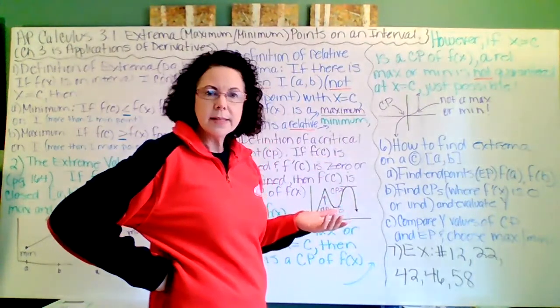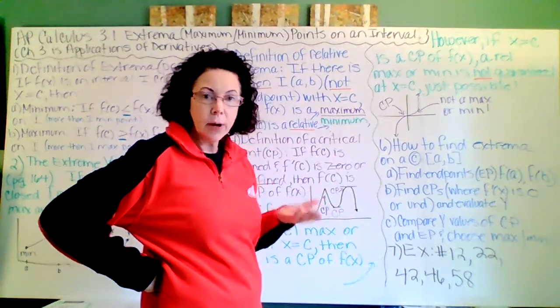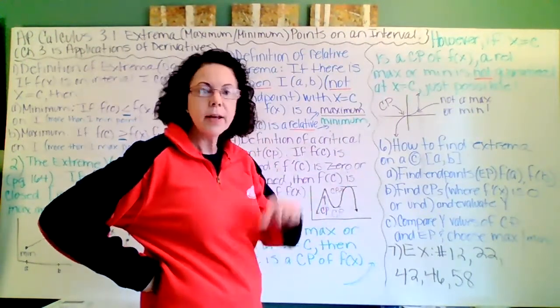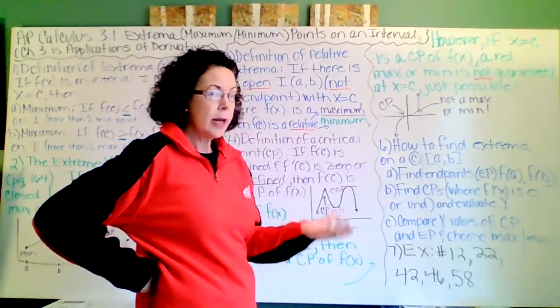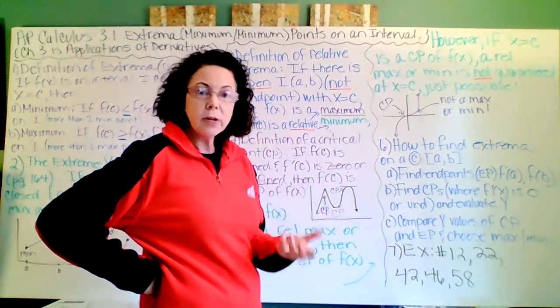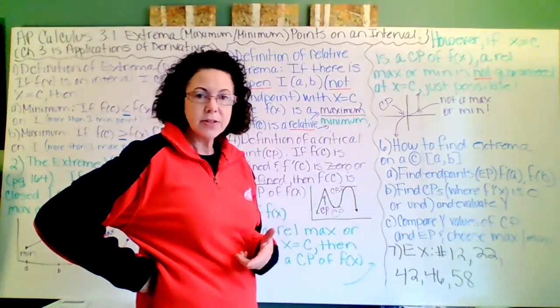So what this means is where you see a relative max or minimum, that in fact is a critical point. It will be a critical point every time. But if you are asked to find a critical point on a graph and you look at it, it may or may not have a relative max or min there.